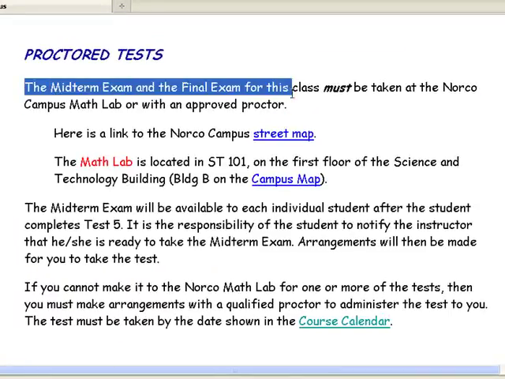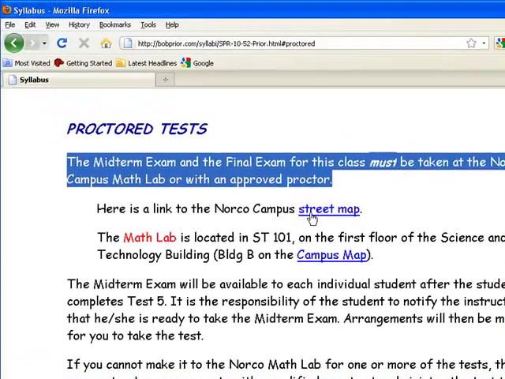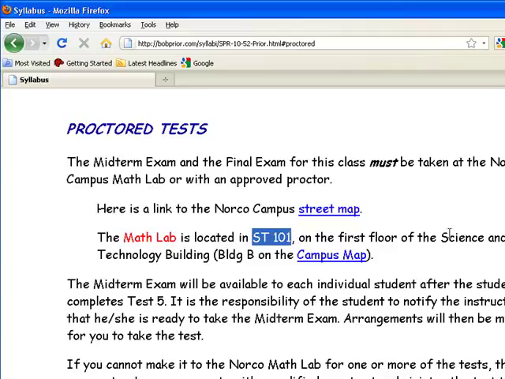The midterm and the final are to be taken at the Norco campus or with an approved proctor. Here's a street map to the Norco campus, and then also a campus map, so you can find ST101. That's our math lab at Norco.